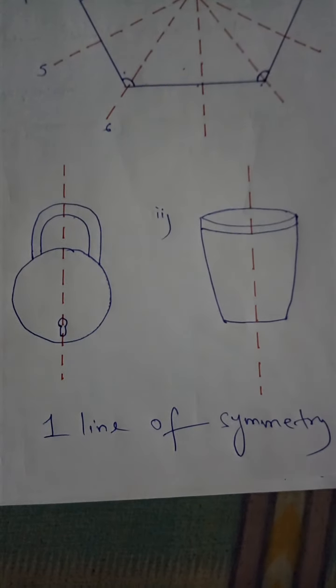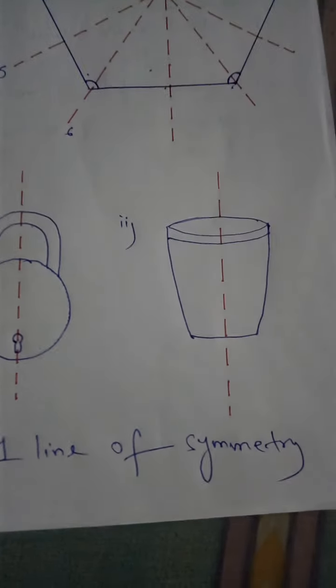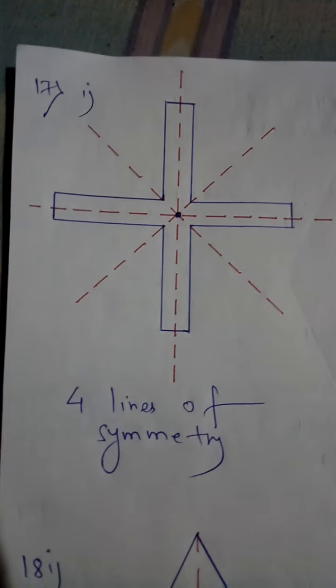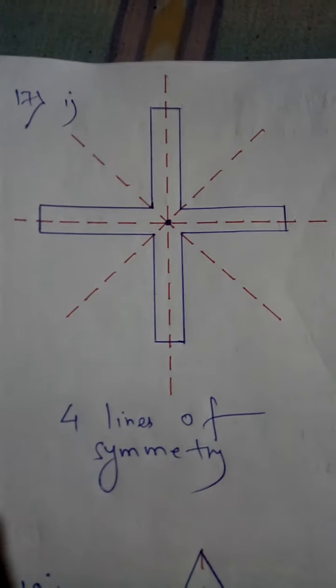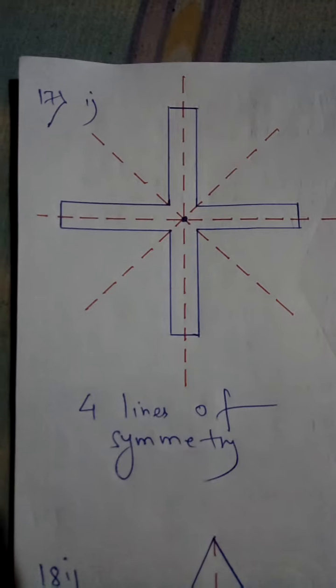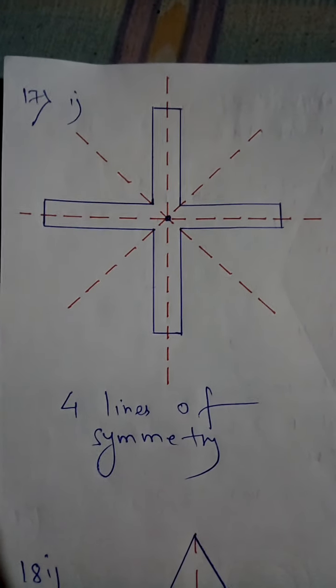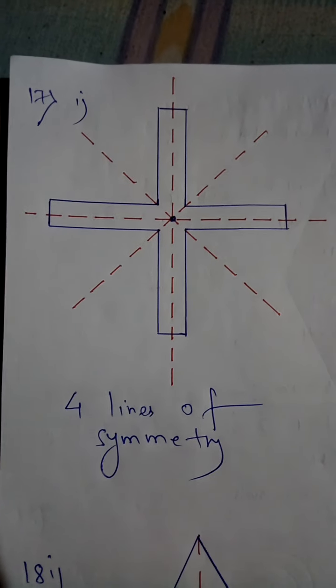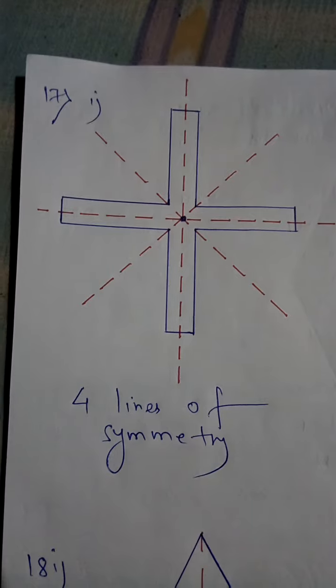So next figure, this one is like a cross. How many lines of symmetry does it have? It has 4 lines of symmetry. Next one, this is another figure. How many lines?